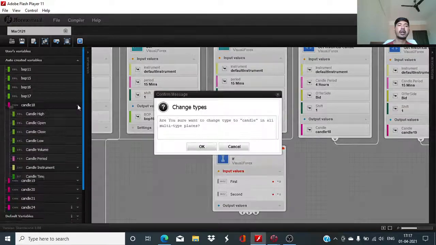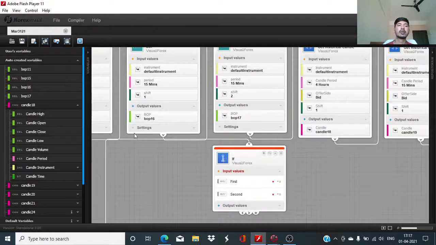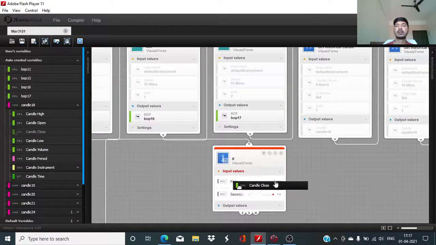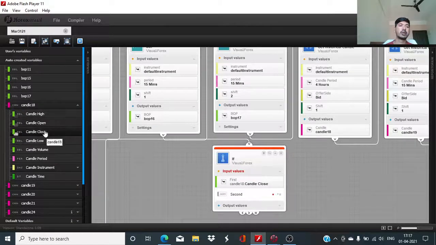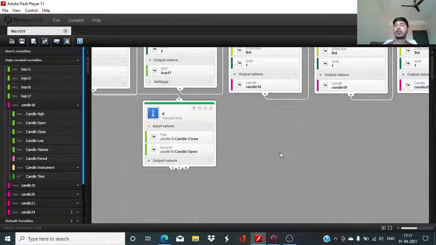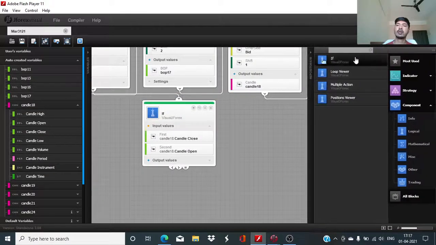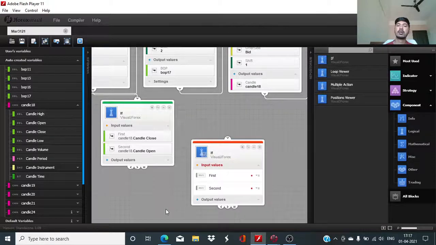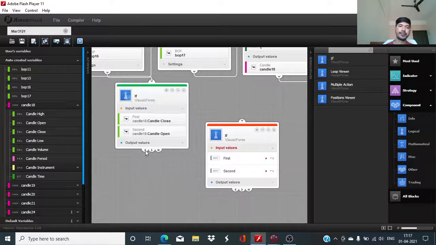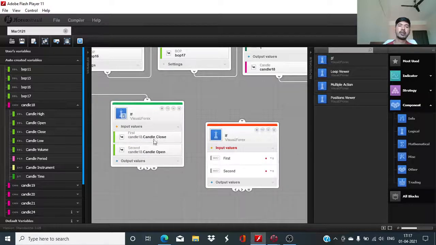Auto created candle 18, its close, open, and first input greater than second input.